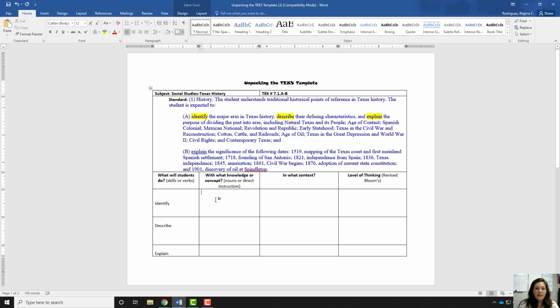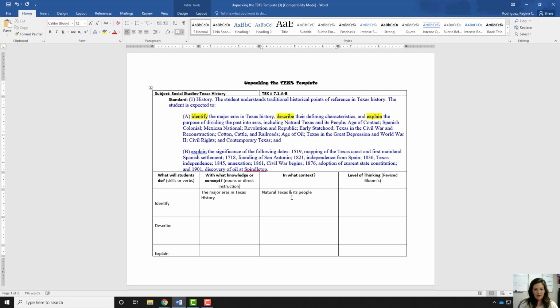Okay, identify what? Okay, it says the major eras in Texas history. Okay, in what context? So the context that is given, it says that we've got natural Texas and its people.